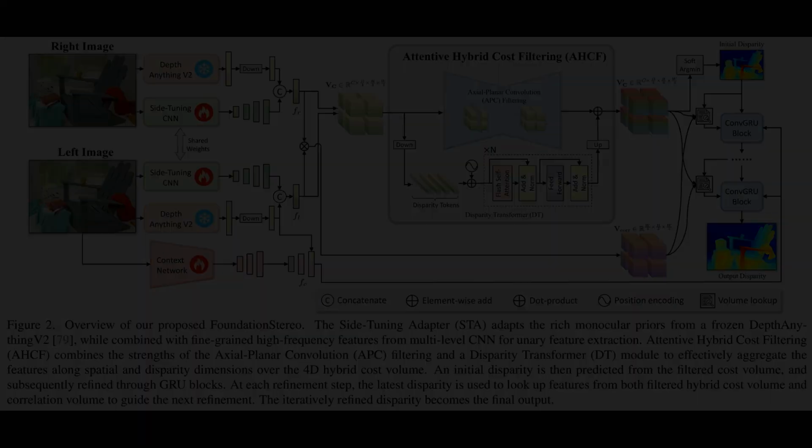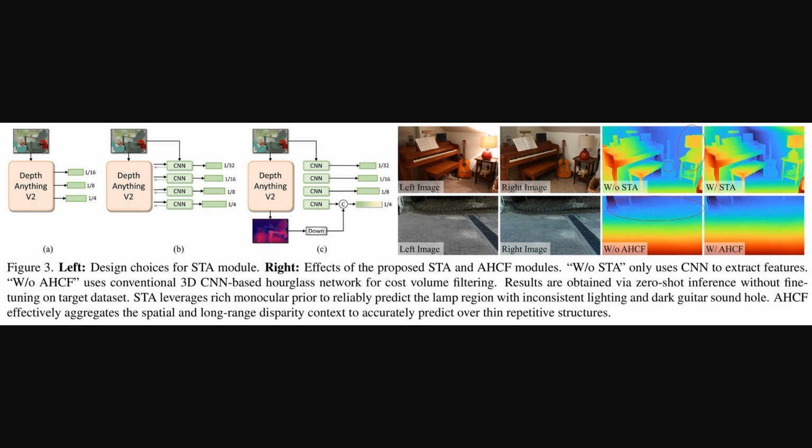So it's this combination of the large FSD dataset and these architectural innovations that really pushes the zero-shot performance. Okay, so building on that architecture description, this next figure 3 digs a bit deeper into those specific components. On the left, it shows different design options they considered for that side tuning adapter, the STA, which brings in the knowledge from the Depth Anything V2 model. They found option C worked best.